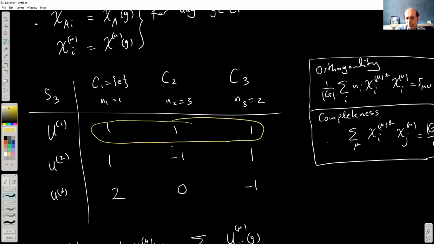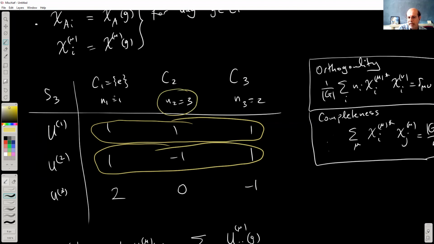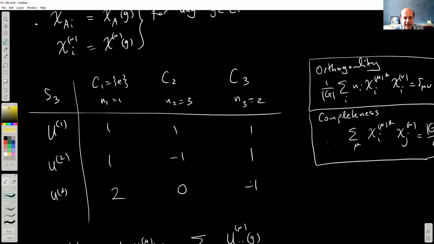You take this row and multiply with the corresponding entries of each row, and in each case you also multiply with the elements within the class. This is not important if you're multiplying two different rows, because at the end you are going to get 0 eventually. So the order of the group is not relevant for these kinds of things. But for normalization, this is something that you need, right?